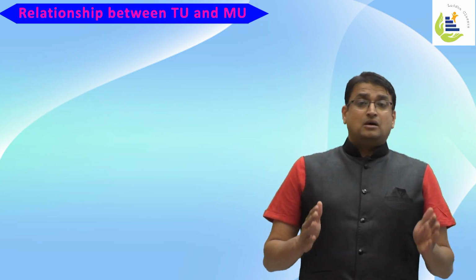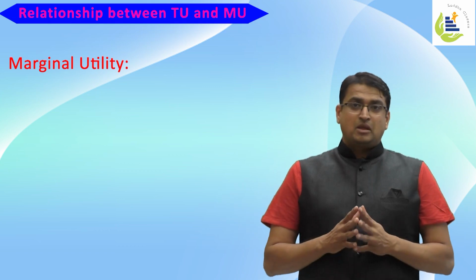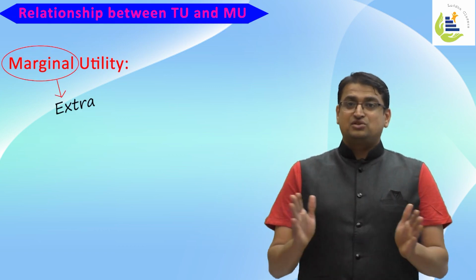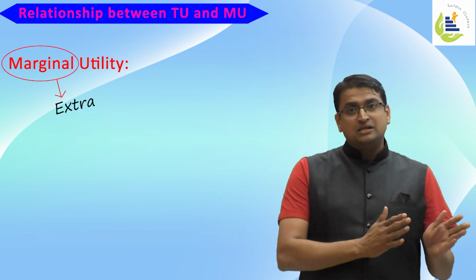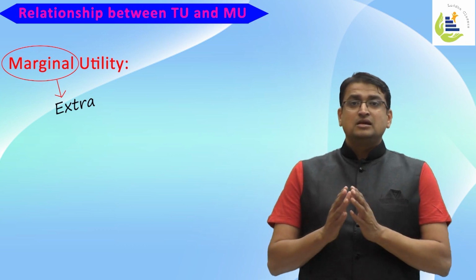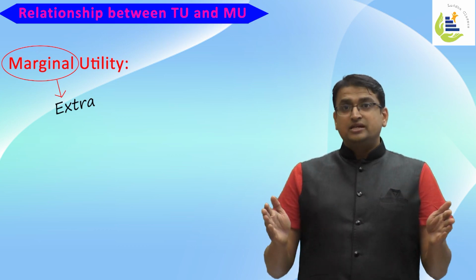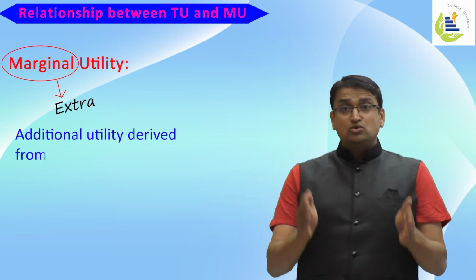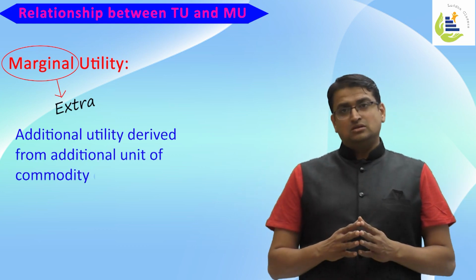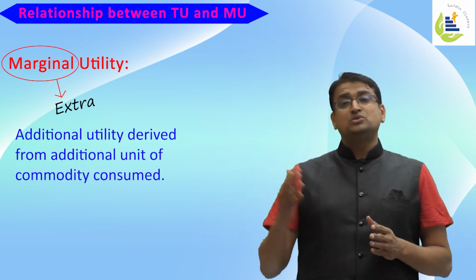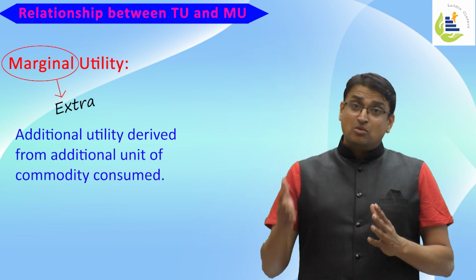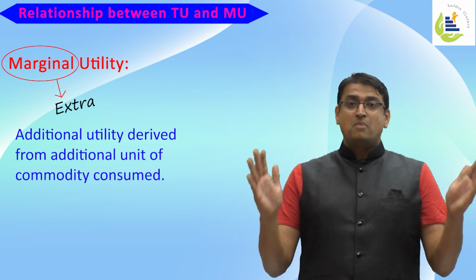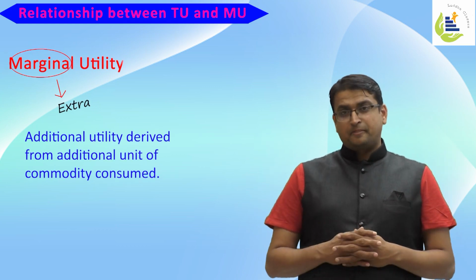And the other term, marginal utility. Margin means extra. So what is marginal utility? It is the extra utility or additional utility derived due to additional consumption, or one extra consumption, of the commodity.